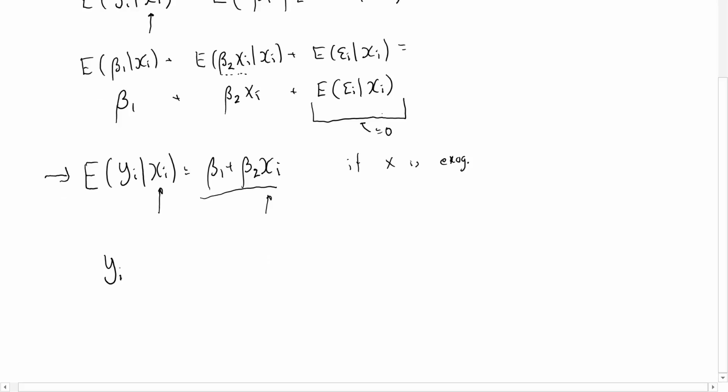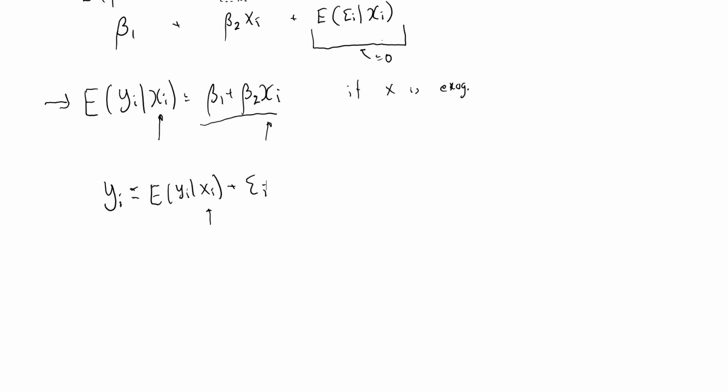So we can simply write the linear regression model as: the actual value of yi that we will observe is the conditional expectation, what we would expect from a student having studied this many hours, but it's not going to be exactly that. It's going to be that plus some error term. And this is also a very useful way of looking at it.